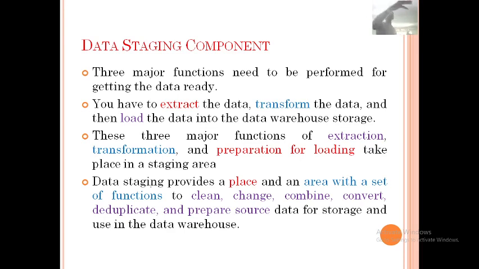You need to convert the data of different formats into the format which is supported by the data warehouse. That is transformation and preparation for loading. Once it is converted from one format into another, it has to be loaded into the data warehouse. So these three functions, which are those? One is, where is the cursor?